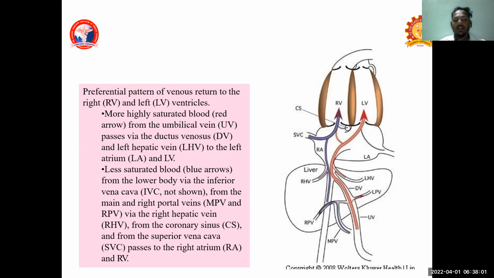Less saturated blood from the lower body via the inferior vena cava, from the main and right portal vein via the right hepatic vein, from the coronary sinus and from the SVC enters the right atrium and then it enters into the right ventricle.